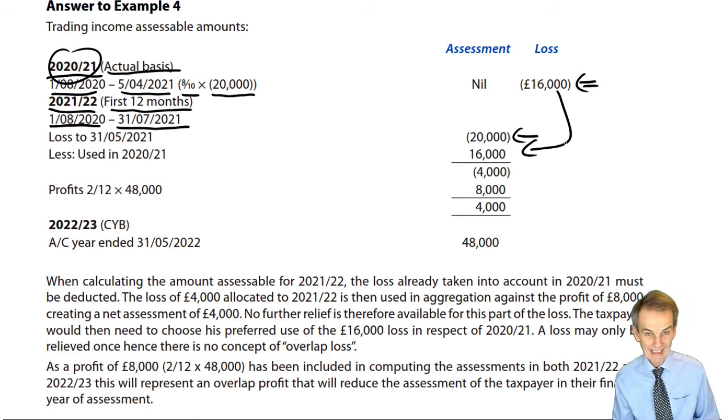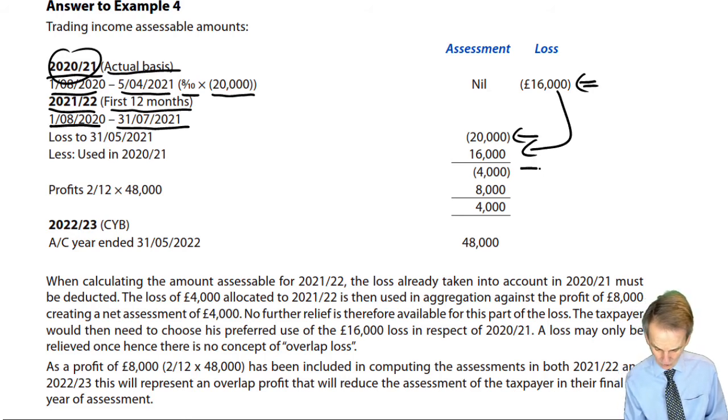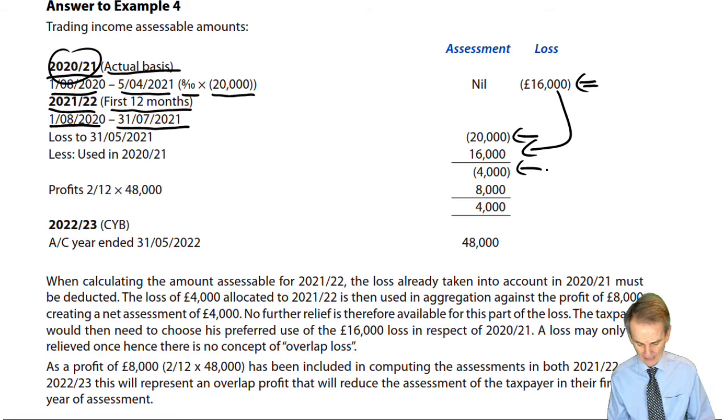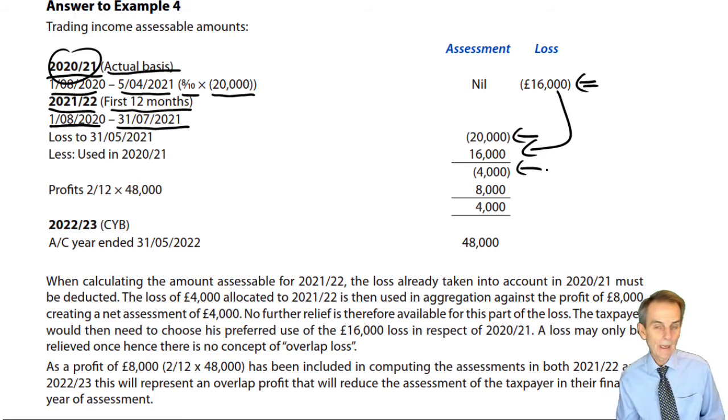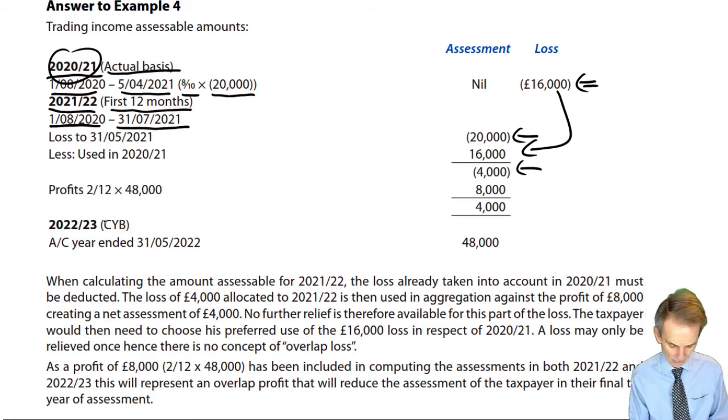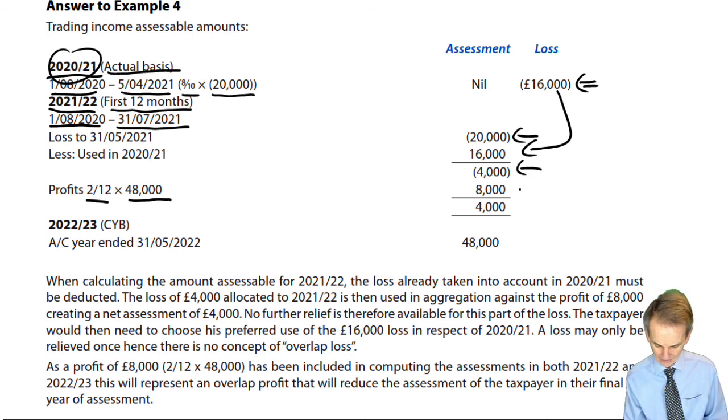We can't have it again. That therefore leaves you with a loss of just £4,000. We now put that together with the remaining 2 months of the first 12 months of trading. That is 2/12 of a profit figure of 48,000. That is a profit of £8,000.